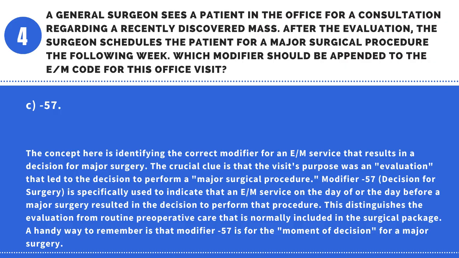Modifier -57, decision for surgery, is specifically used to indicate that an E/M service on the day of or the day before a major surgery resulted in the decision to perform that procedure. This distinguishes the evaluation from routine preoperative care that is normally included in the surgical package. A handy way to remember is that modifier -57 is for the moment of decision for a major surgery.